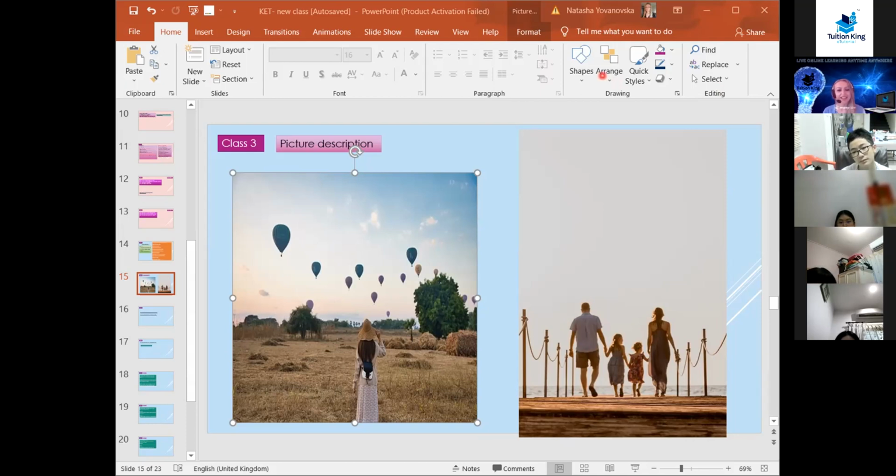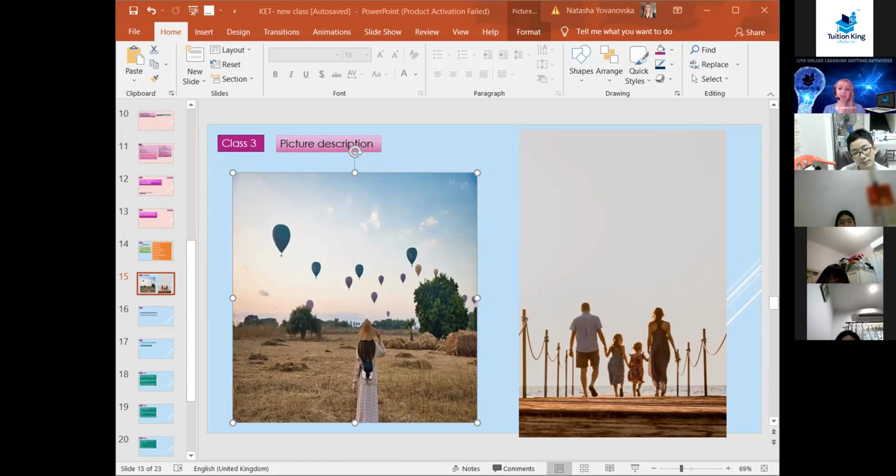Good. Roy, what can you add about this picture? What can you say? Family. Okay. What else? What can we say about this picture? Do you like the picture?